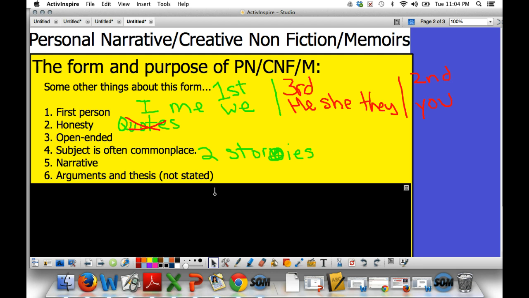Okay, the next one is an argument and a thesis. Now, most of you guys know what a thesis statement is. It's the argument for your whole paper when you write papers. You're going to have one in this as well, but it's not going to be stated. It's kind of like an Aesop fable, where at the end they have the lesson you learn.